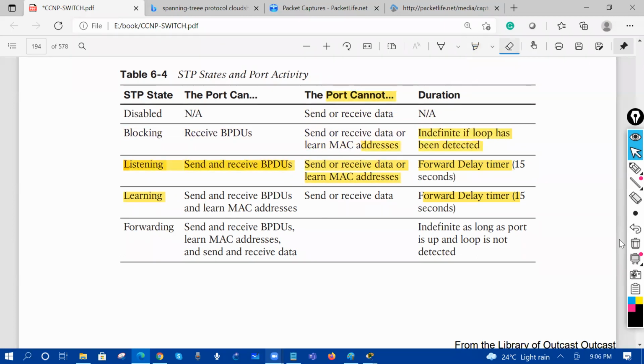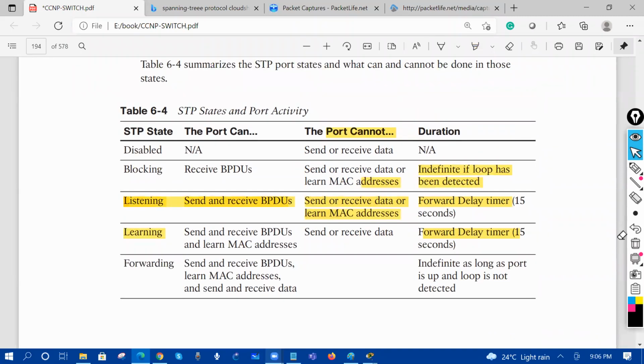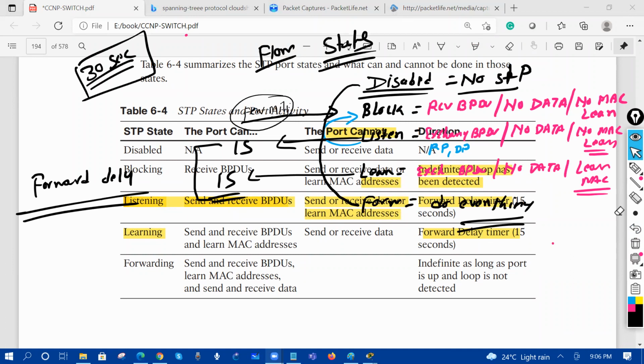Same thing that I spoke about, the same thing that I have written over there. So every single switch port interface will go through each and every one of these states.